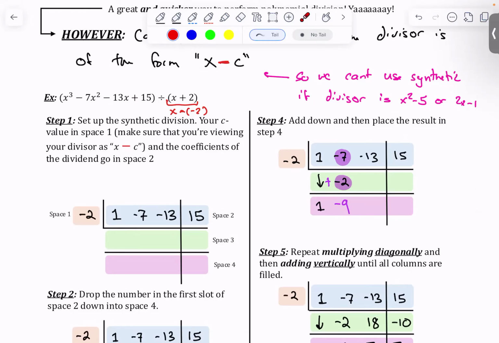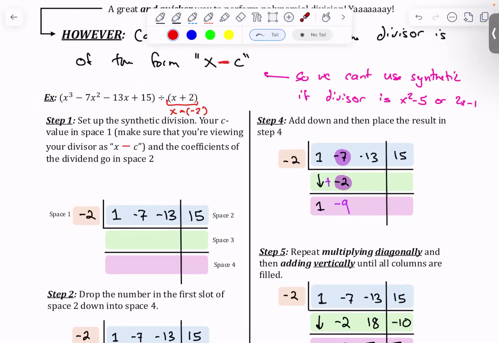I'll also send out a video explaining how synthetic division works, why we can do all this weird stuff and it works out. If you don't want to learn synthetic division, you don't have to. You can still just learn long division and get through the whole thing. It's just that this is faster for most things we'll be dealing with.